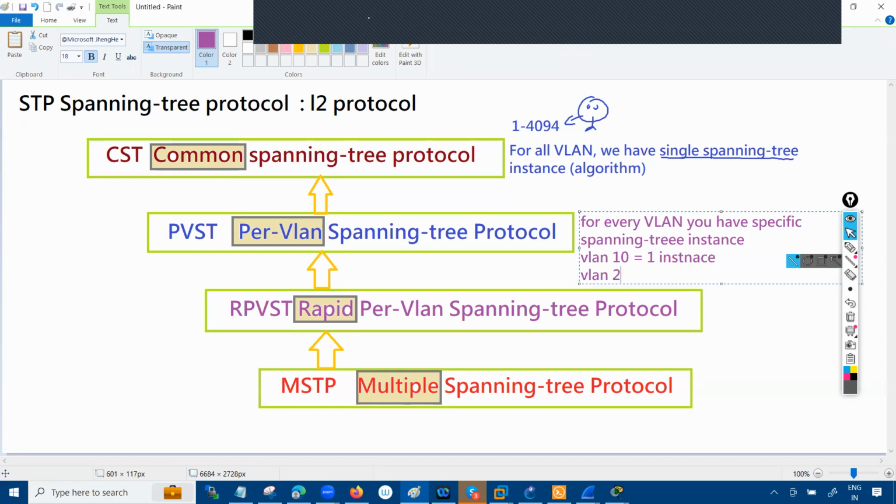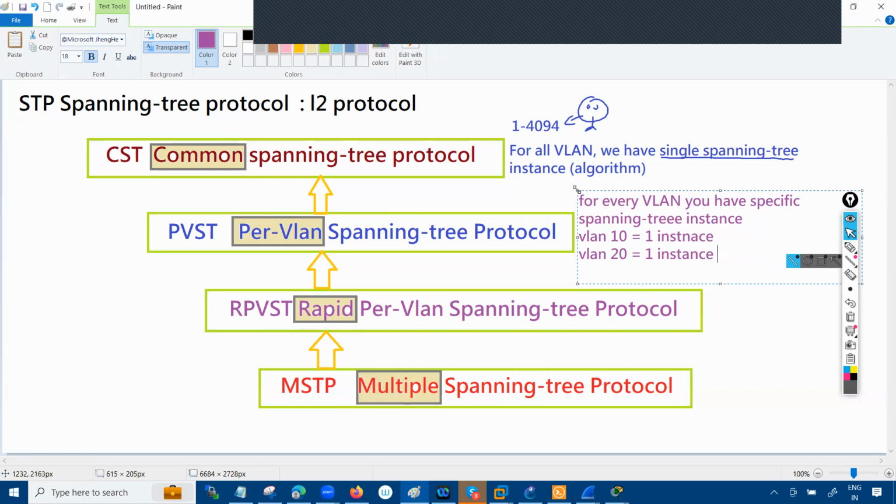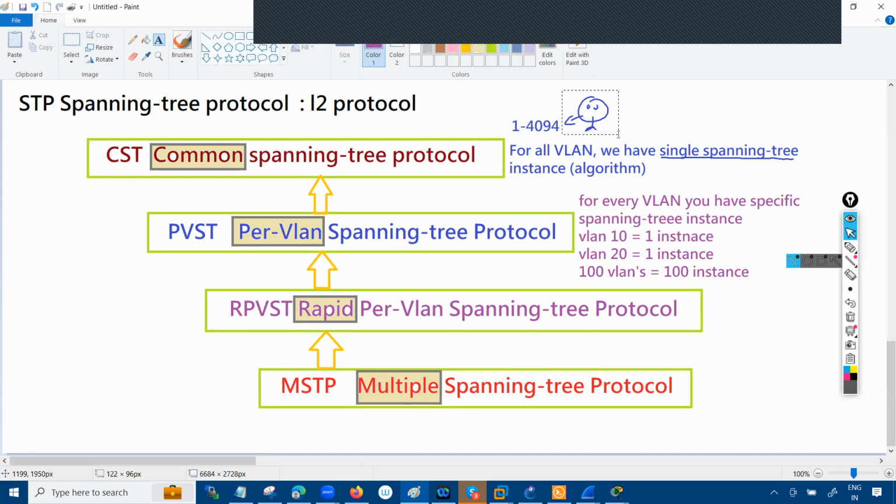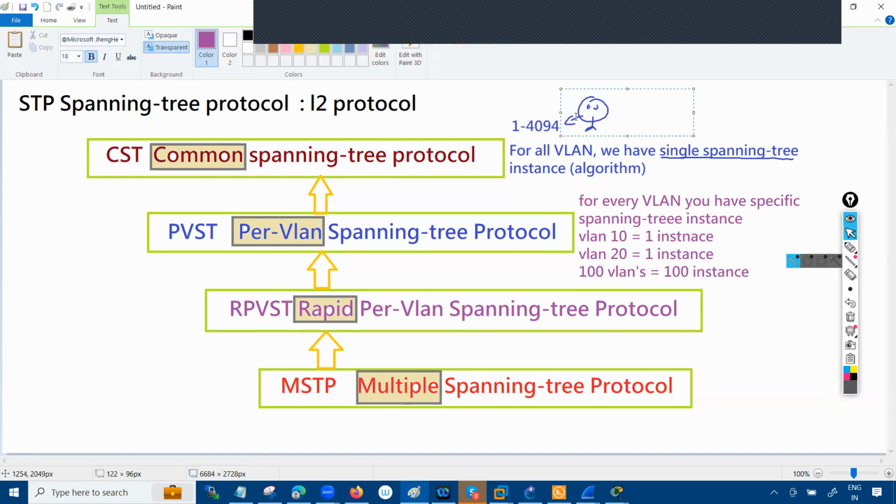For VLAN number 20, you have another instance. So take an example: if you have 100 VLANs, then you will have 100 instances, 100 spanning trees will be there. There will be 100 like this guy.